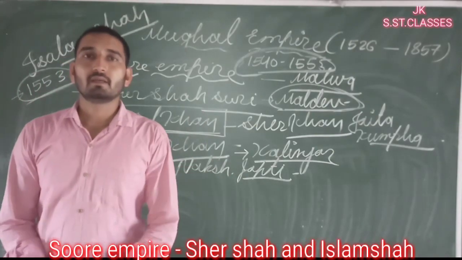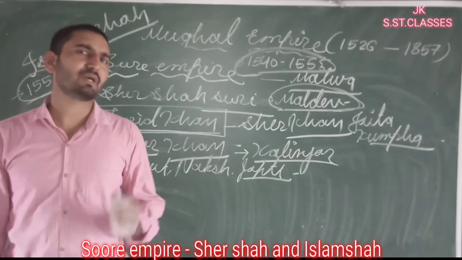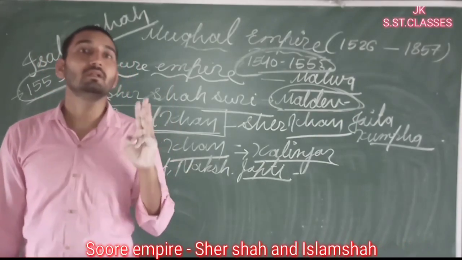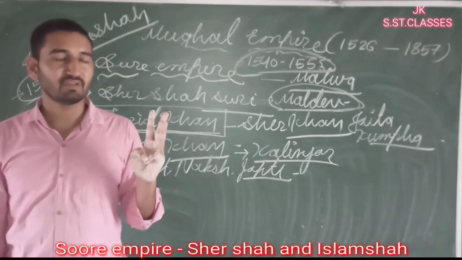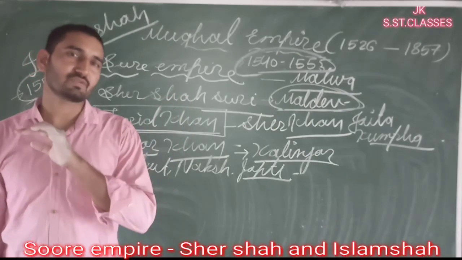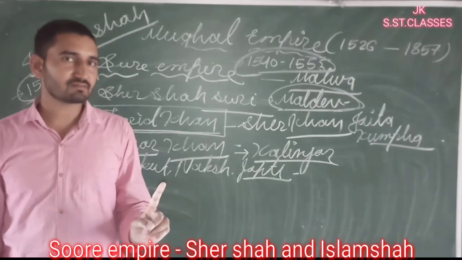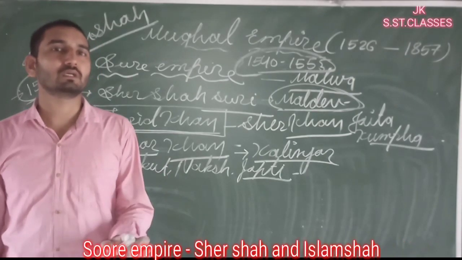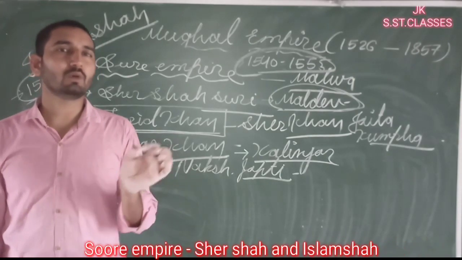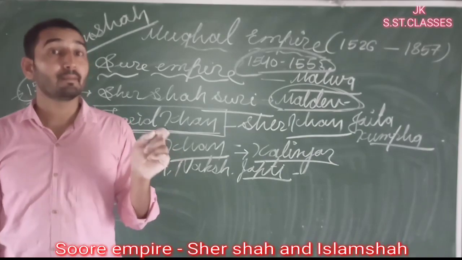So in this way, in this video we discussed 3 major rulers related with medieval Indian history. First of all, Babur, the founder of Mughal dynasty, the most powerful ruler out of all the Mughal rulers.